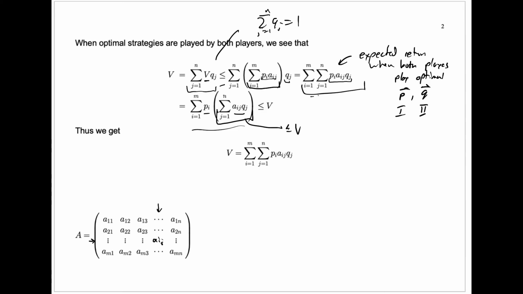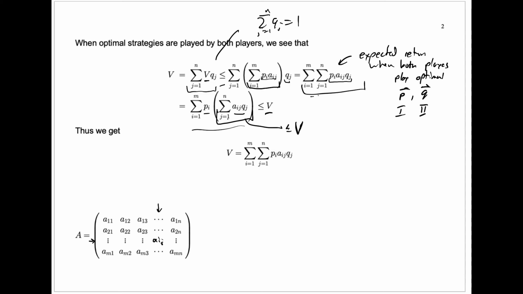And we saw that in every case, if player 2 is playing an optimal strategy Q, this will be less than or equal to the value of the game V, because with an optimal strategy, player 2 always does at least as well as V, which here means less than or equal to V. Because the sum of the p sub i's is 1 and we're multiplying each time by something less than or equal to V, the whole thing is less than or equal to the value of the game V.